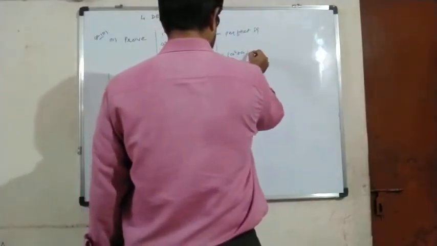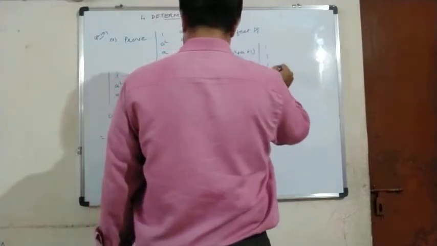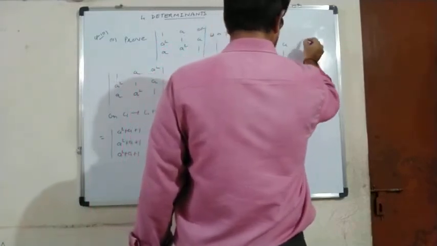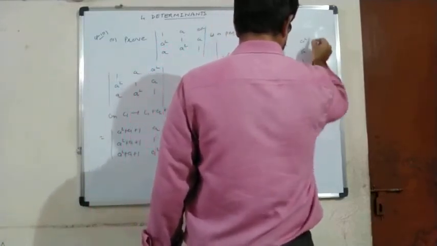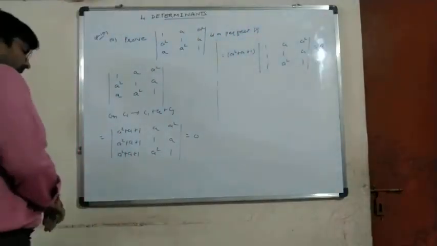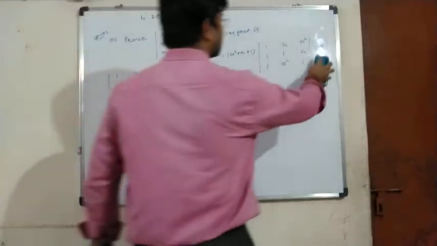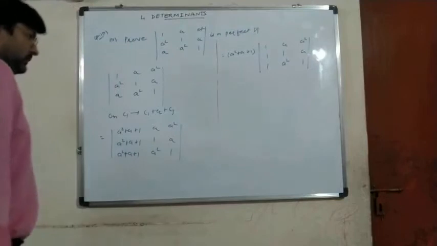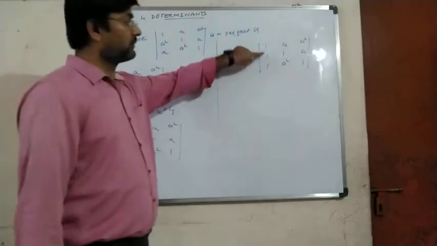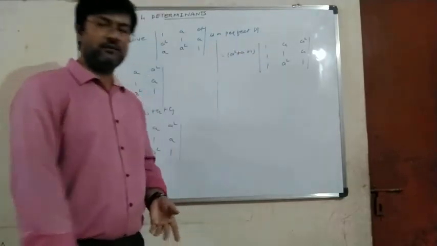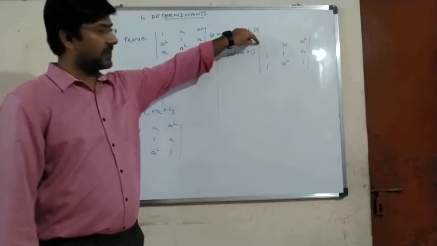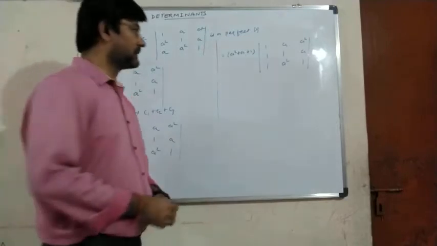A square plus a plus 1, 1 1 1, a 1 a square, a 1. Okay, so we have taken from the first column a square plus a plus 1. Now we got 1 1 1. So you know very well then what is the next step. We will get two zeros over here. So on R1 minus R2 and on R2 minus R3 we will do.